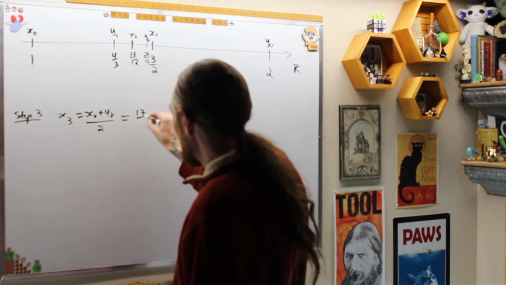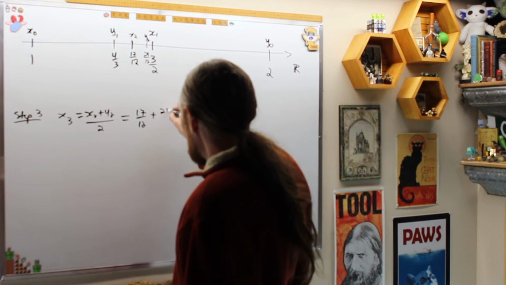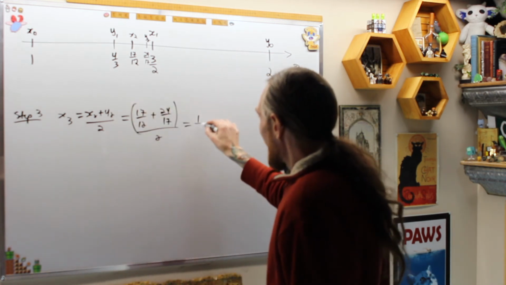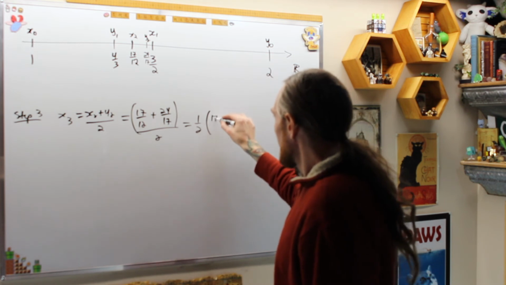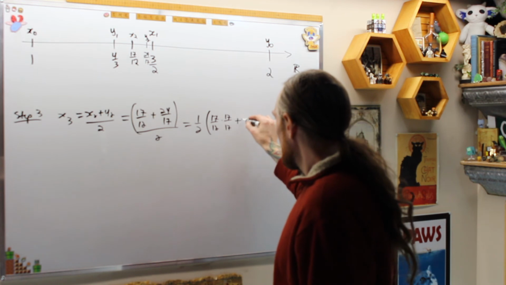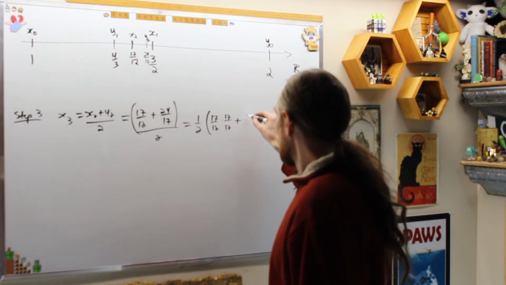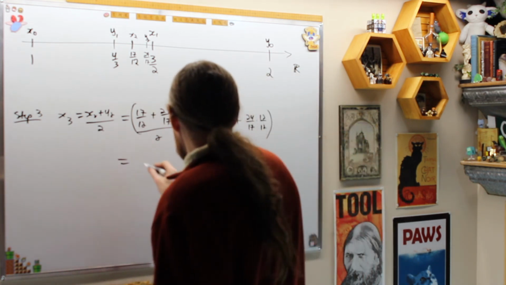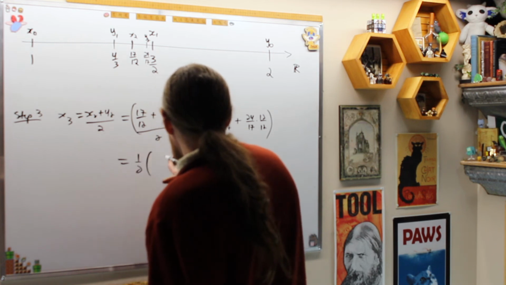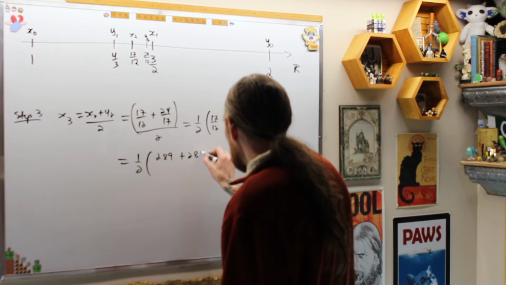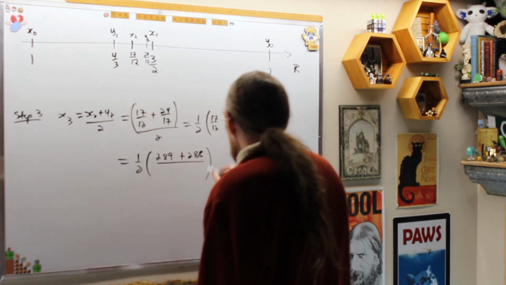This was 17 over 12 plus 24 over 17, over 2, which is 1/2 times 17 times 12. I need to multiply by 17, and 17 plus 24 over 17 times 12 over 12, which is going to give me 1/2 times 289, which is 17 squared, plus 288 over the common denominator.